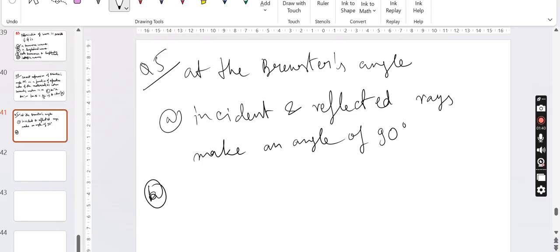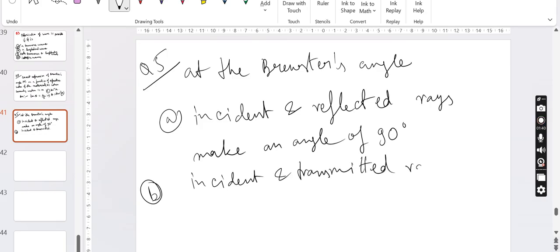B, incident and transmitted rays make an angle of 90 degree.